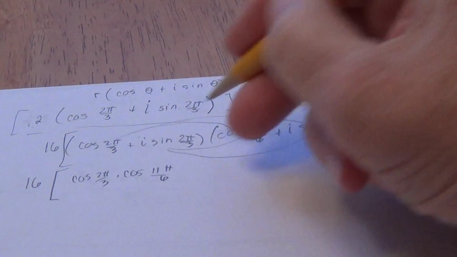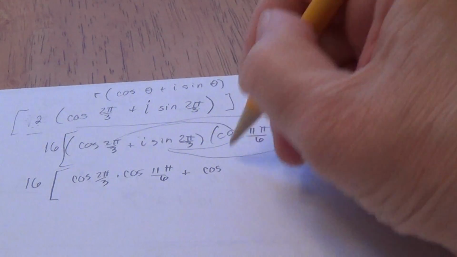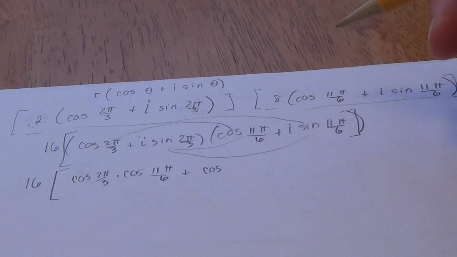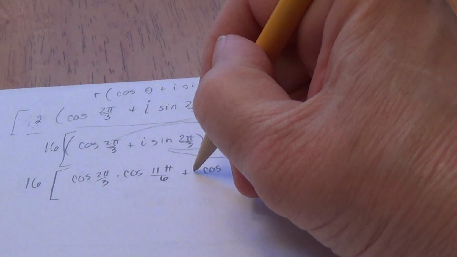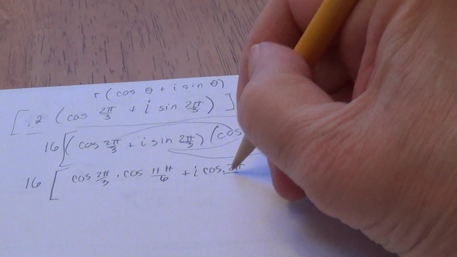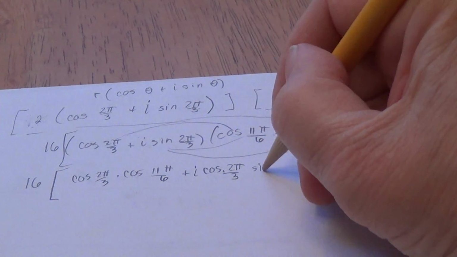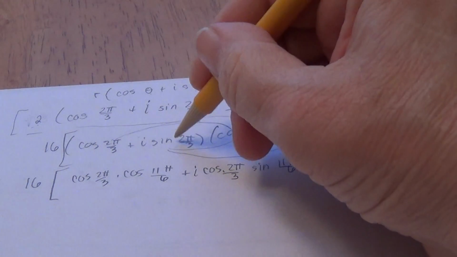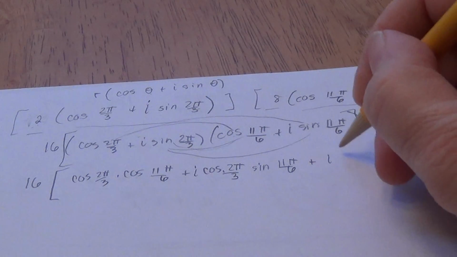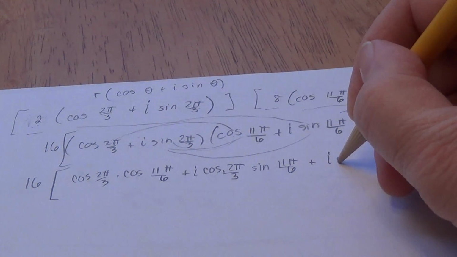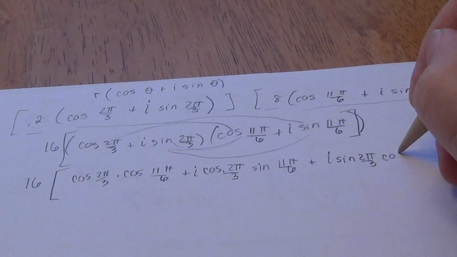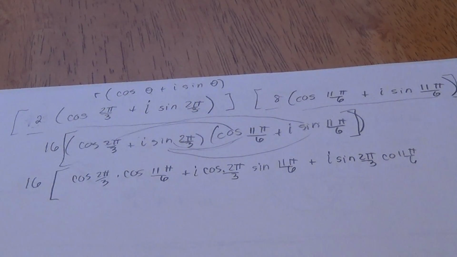Then I'm going to do this times this, and I'm going to have i cosine 2 pi over 3 sine 11 pi over 6. Now I'm ready to do this. It also has an i, I like to put it in front, I don't lose it so easily that way. i sine 2 pi over 3 cosine 11 pi over 6.